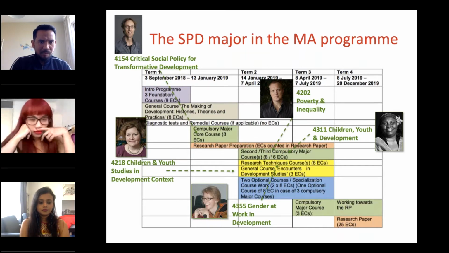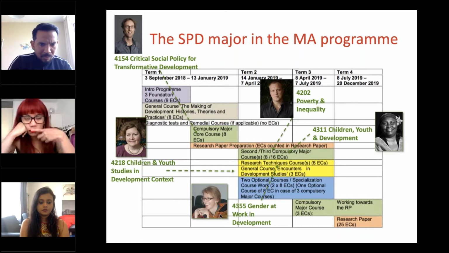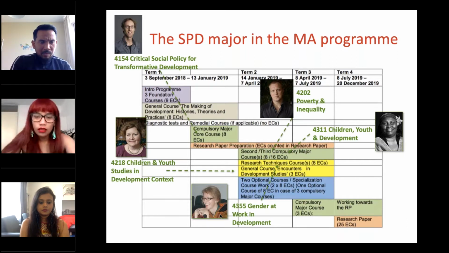The other course that people can take is Children and Youth Studies in Development Context, 4218. You see that's me over there on the left, the middle left. That's the course that I teach, and it's the first course that fulfills the Children and Youth Studies specialization if you're interested in that. That's optional, and it's in term 2.